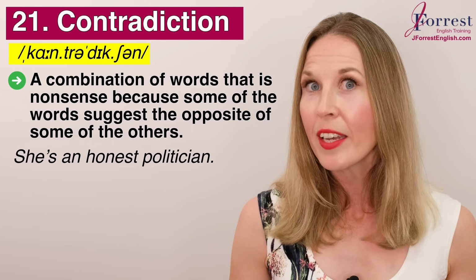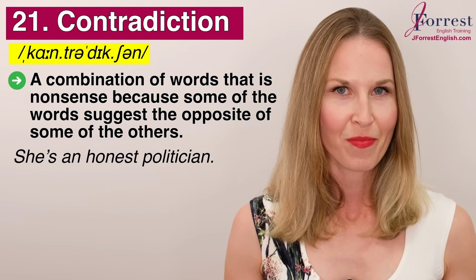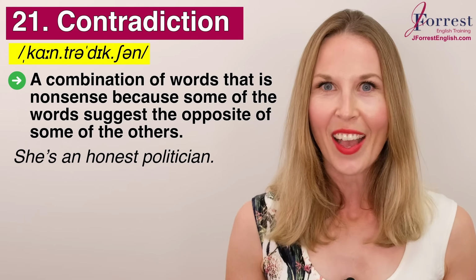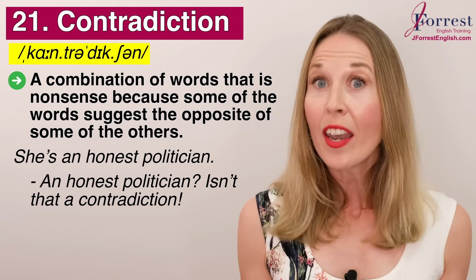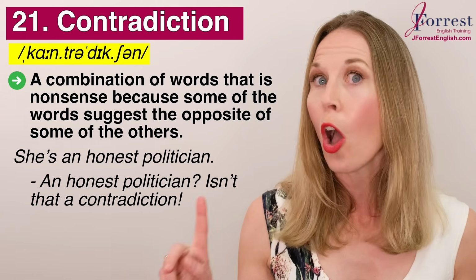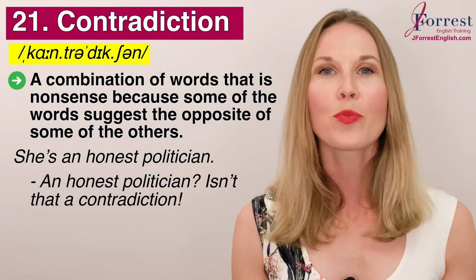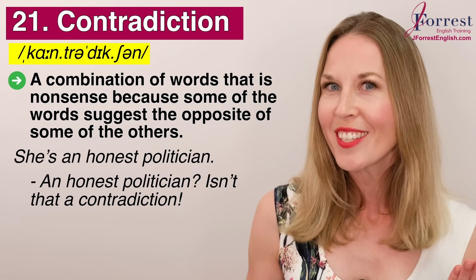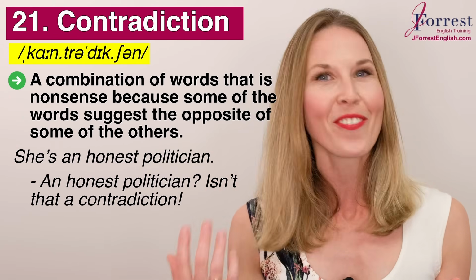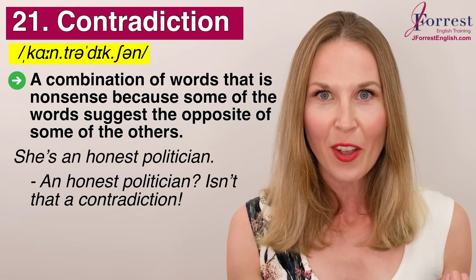She's an honest politician. Now, some people might reply back and say, an honest politician? Isn't that a contradiction? Because when you hear the word honest, an image of a politician is not what most people think of.